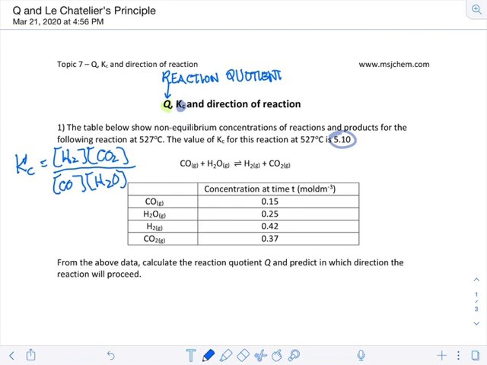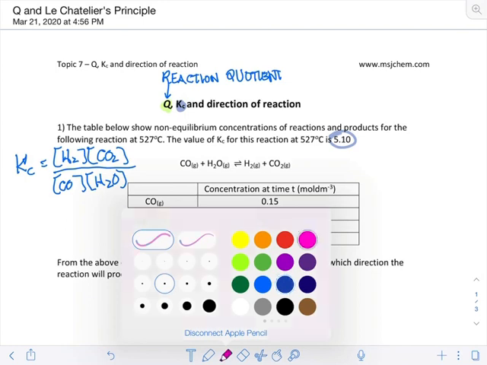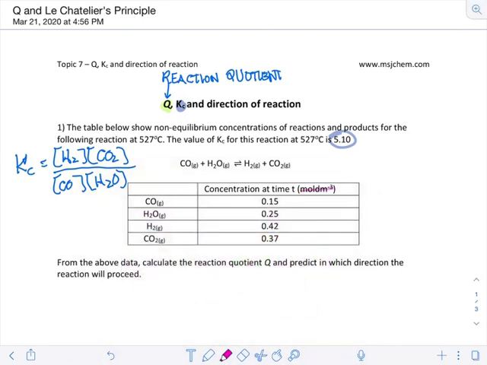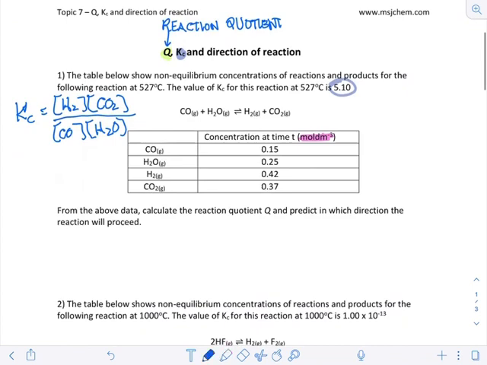So when they give you concentration, notice this is kind of a funky concentration here. This is moles per decimeter cubed, okay? You can use that kind of concentration. It is fine. Now, the way I would set it up is I would say Q is the same thing as we listed for Kc.